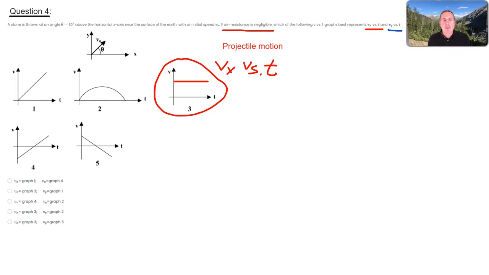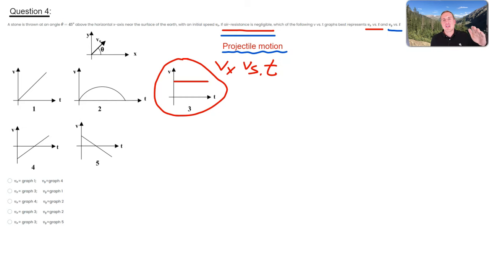All right, how about Vy versus t when air resistance is negligible in this projectile motion? Well, this is going to take a little more explaining. So Vy versus t is going to be constant acceleration downward due to gravity. So when the stone is thrown upward, we start off with a positive y velocity.